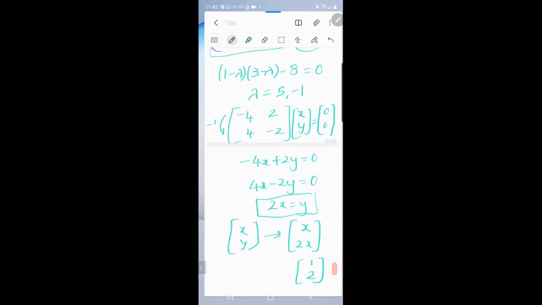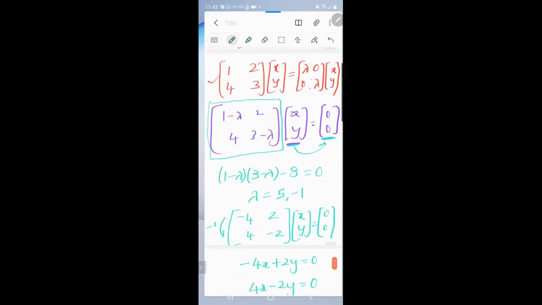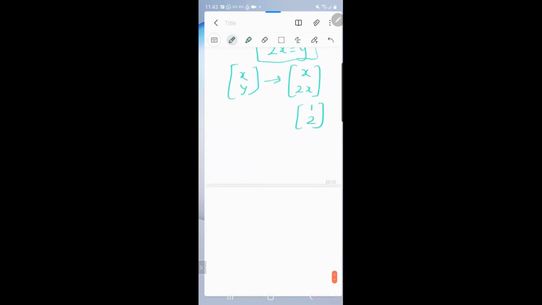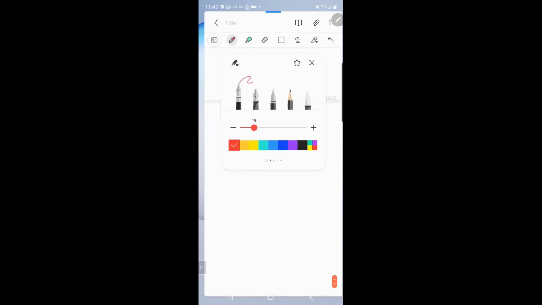So under this crazy looking transformation, the point that was here on 1, 2, somewhere over here, this arrow, let me redraw this. I'll draw with different colors. Hopefully it is here.